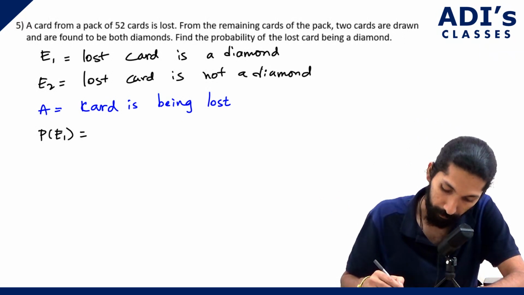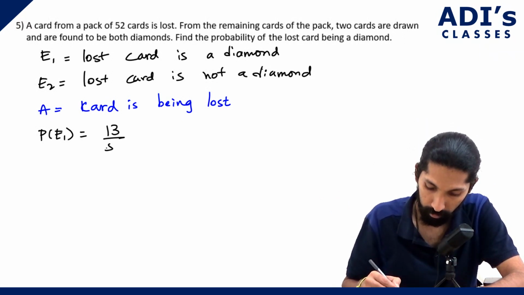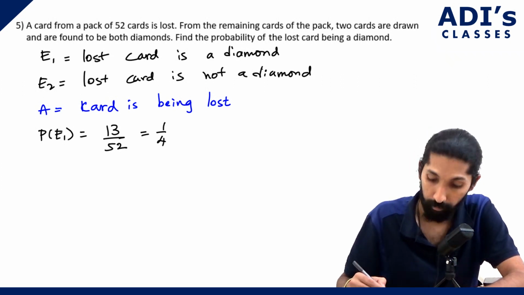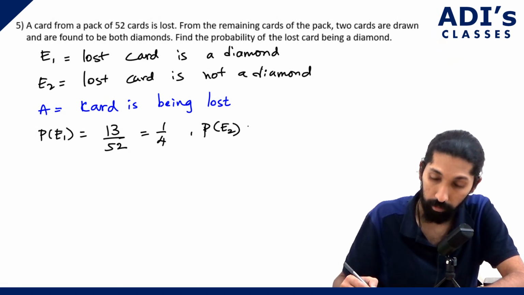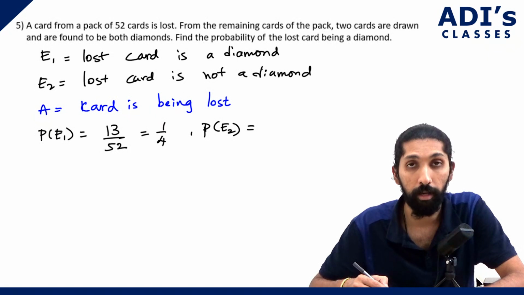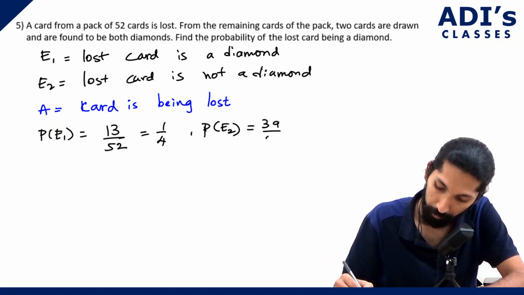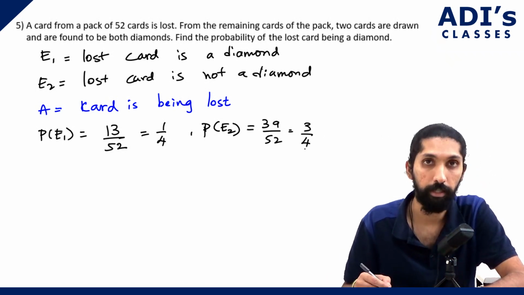So we can say there are 13 diamond cards out of 52 cards. So 1 by 4. Fair enough? If the lost card is not a diamond card, then there are 39 non-diamond cards. So 39 out of 52. It's 3 by 4. Correct?